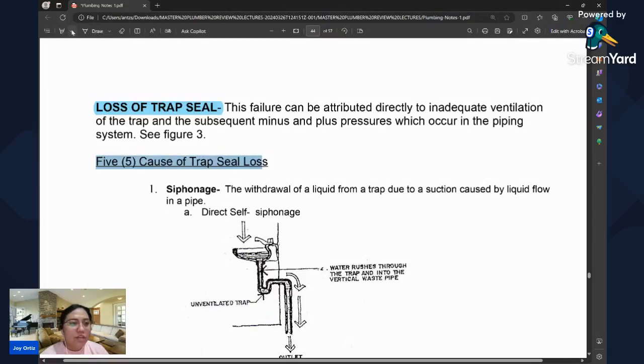So we have here the siphonage. So what is siphonage? It's the withdrawal of a liquid from a trough due to a suction caused by liquid flow in a pipe. Ulitin natin, siphonage, ito yung tubig na hindi bumababa. Okay, so the withdrawal of a liquid from a trough due to a suction caused by liquid flow in a pipe.